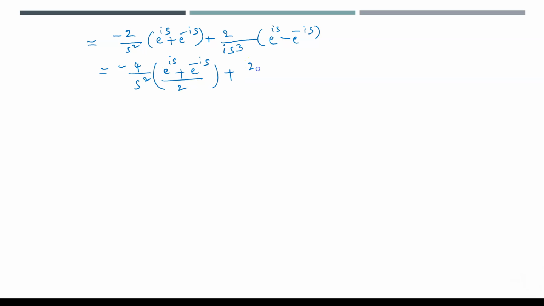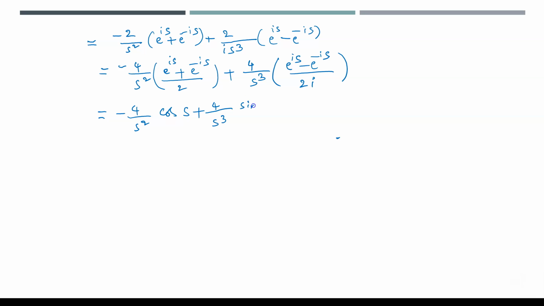Here also, 4 by s cube into e power is minus e power minus is upon 2i. If you multiply and divide by 2, this gives minus 4 by s square cos s plus 4 by s cube sin s.